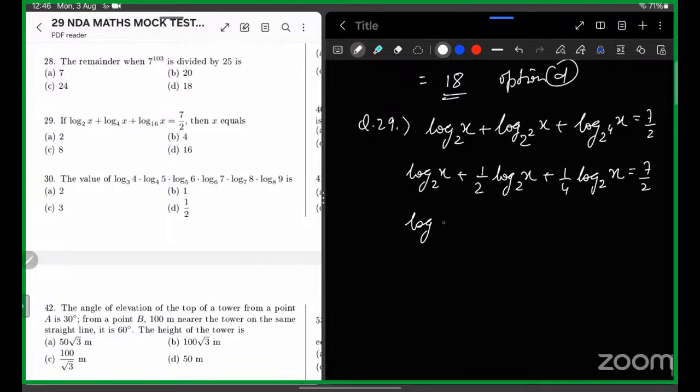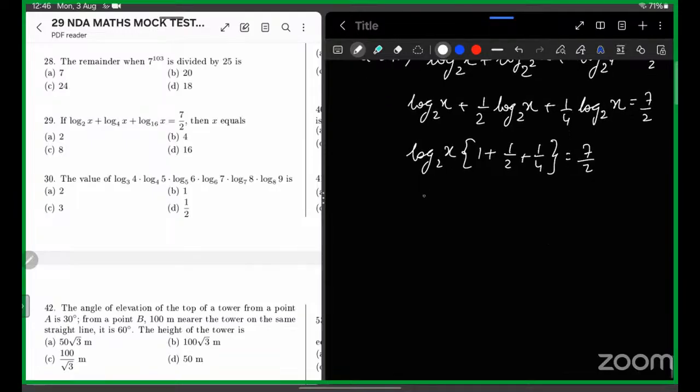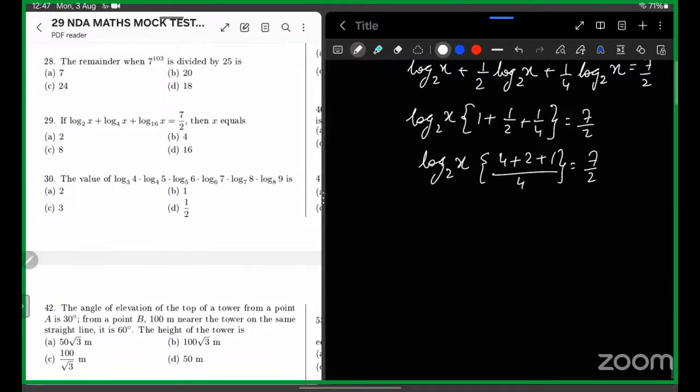If I take common log x to the base 2 from here, in bracket I'm going to get 1 plus 1 by 2 plus 1 by 4 equal to 7 by 2. Then log x to the base 2 can be written as 4 plus 2 plus 1 upon 4. That is equal to 7 by 2.